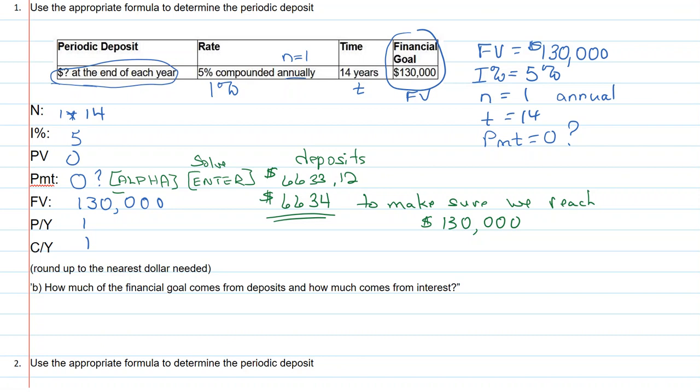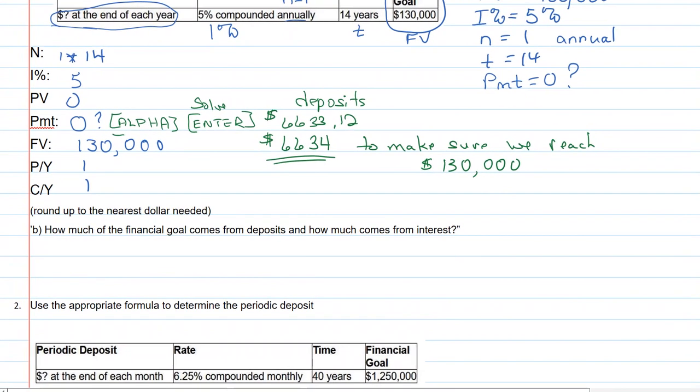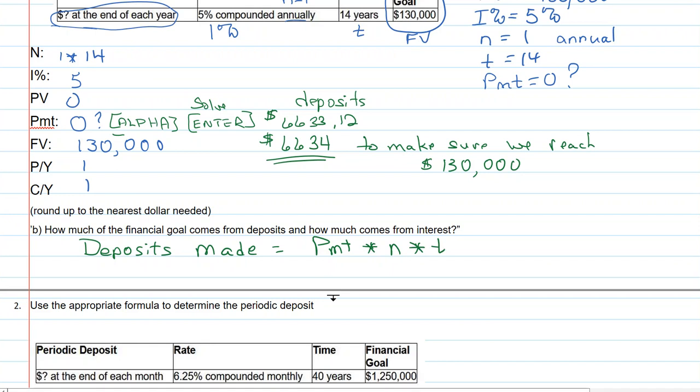All right. How much of the financial goal comes from deposits and how much comes from interest? All right. So on this one, we want deposits made. So deposits made is our payment times N times T. All right, so let's do that one first.